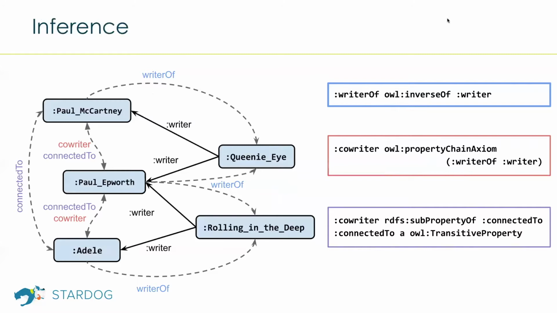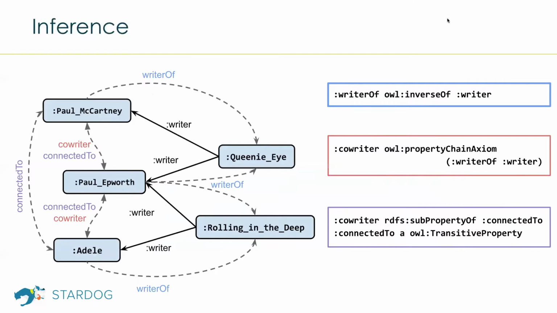Just from those 4 triples and these 4 rules, you can see all the different inferences that have been made. We don't have to store any of that data in the database. The reasoner will figure it all out for us. And I could still write a query for all the people that are connected to Paul McCartney, using that connected to predicate, turn the reasoner on, and it'll give you all of those triples.